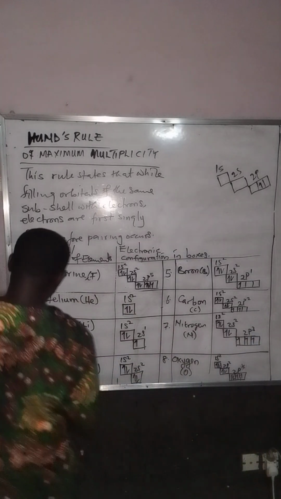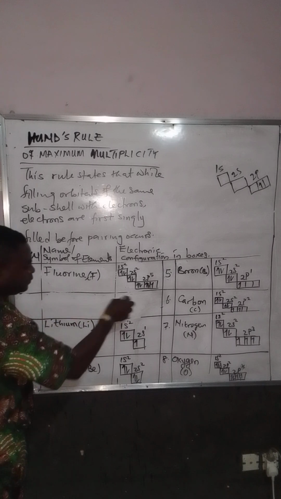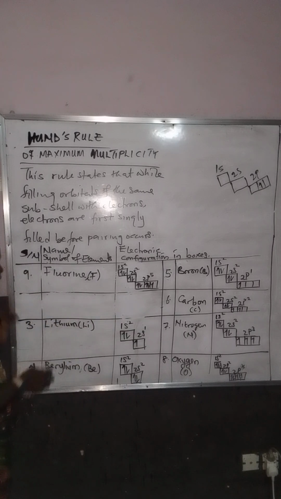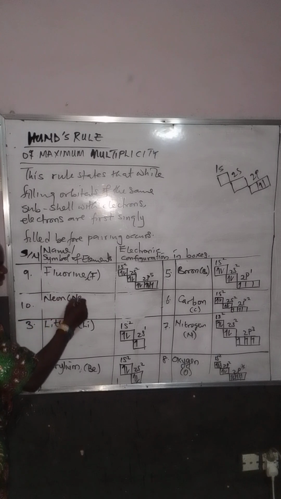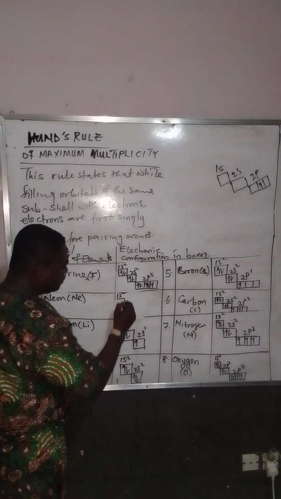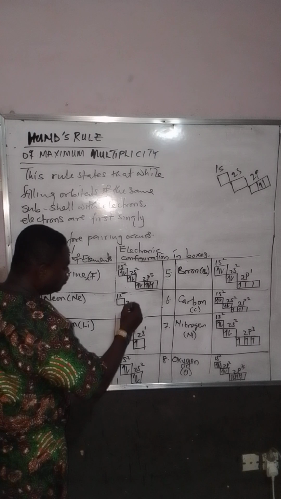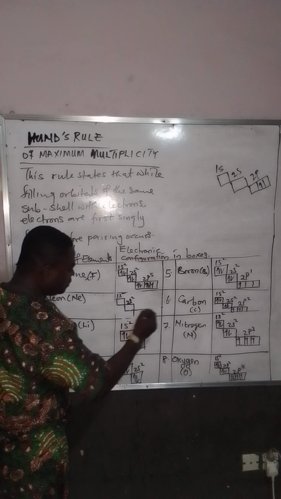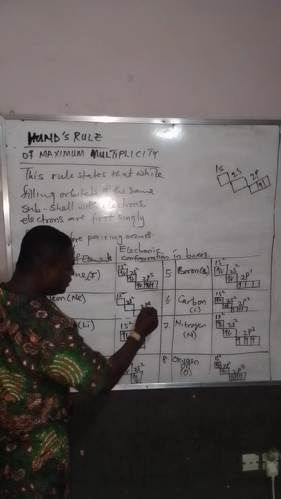Okay? Number 10, that's neon. Neon, Ne. That's 1s2, 2s2, 2p6.